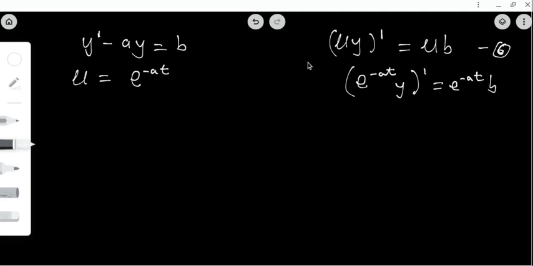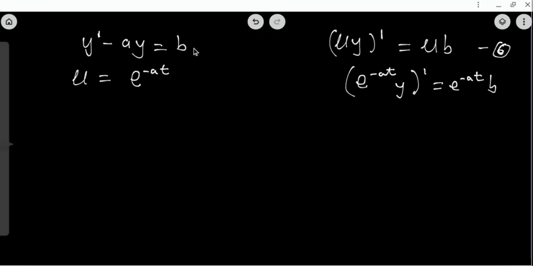Now let's say you don't know equation 6, but you know the integrating factor to be this. Then it means that you don't have any equation to substitute it into. So what you have to do is to go ahead and multiply this integrating factor through.